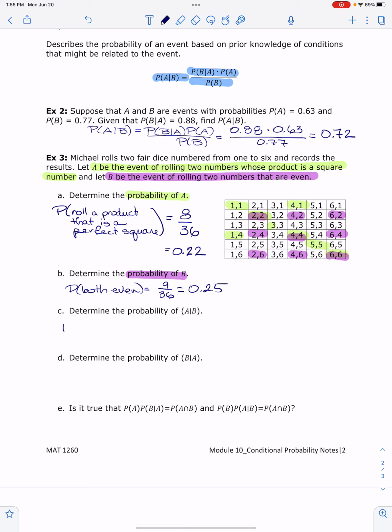So we want the probability of A given B. The probability that we roll a perfect square given that we roll two evens.